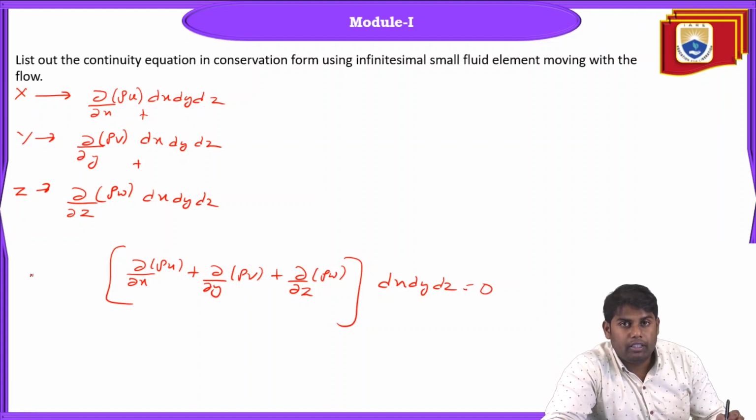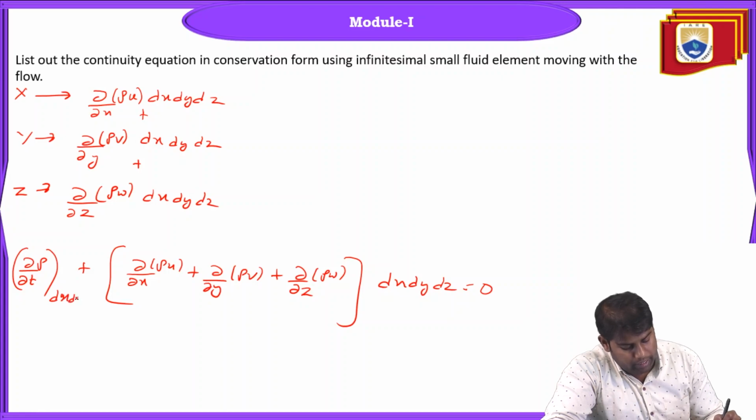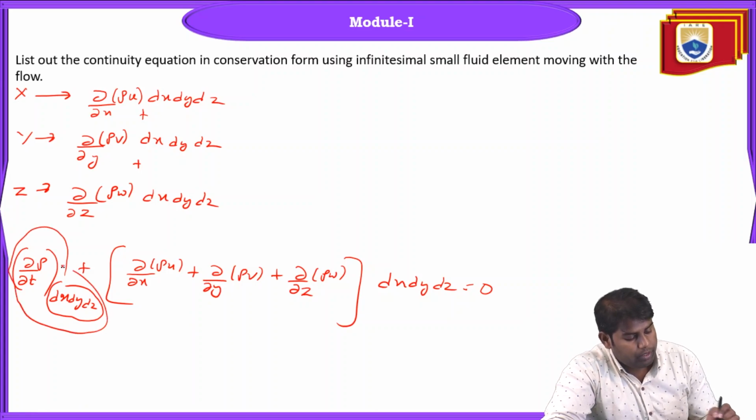Similarly, you have the density term, which is changing with respect to time, dou by dou t of rho, which has the same dx dy dz. So your density changes with respect to time.